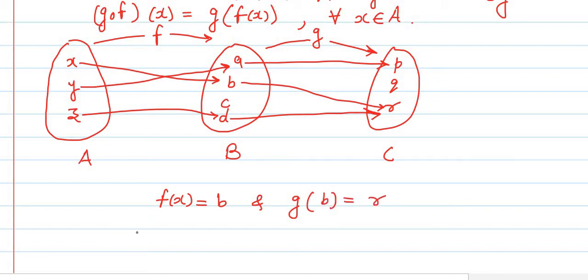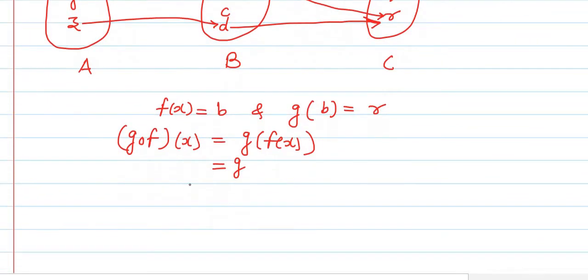Therefore we can say that (g o f)(x), as per the definition, is equal to g(f(x)). What is f(x)? f(x) is b, as we have seen just now. And what is g(b)? g(b) is r. So (g o f)(x) is r. Like this, the composite mapping is defined.